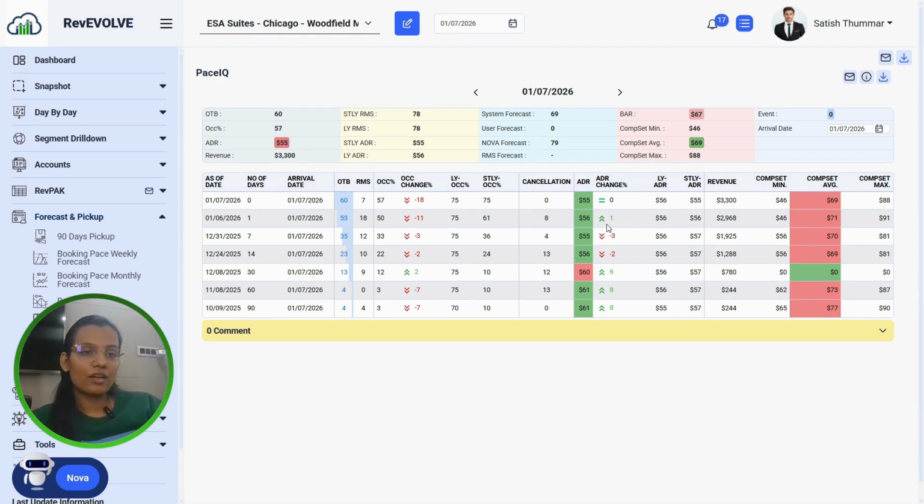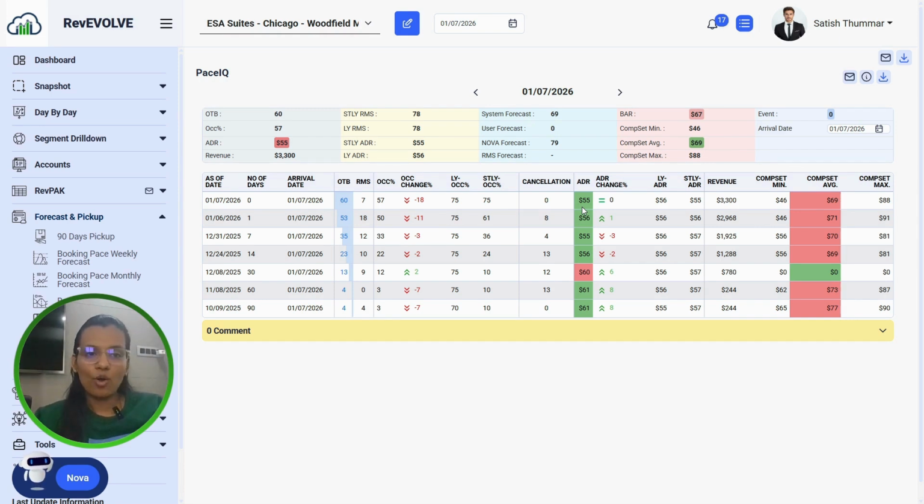So if the Booking Curve shows behavior, then PaceIQ shows momentum. Looking at these dates, we can clearly see a pickup acceleration inside the last 14 days. OTB grows steadily while the ADR shows pressure, indicating that demand growth is coming from volume rather than price.